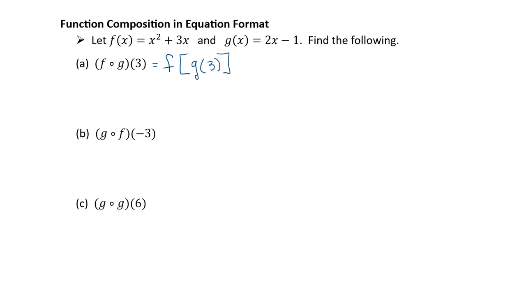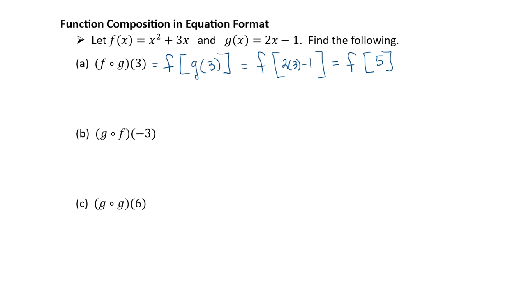As always in algebra, we're going to evaluate the inside first. So let's go ahead and write the outer shell, f with our square brackets, and g of 3 is 2 times 3 minus 1. We can simplify before we move on. This will be f of 5.